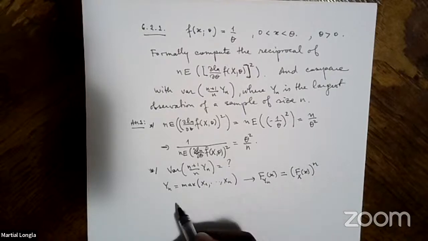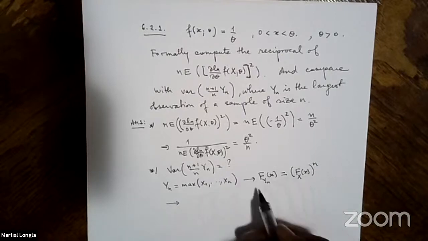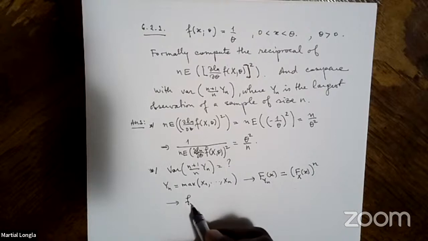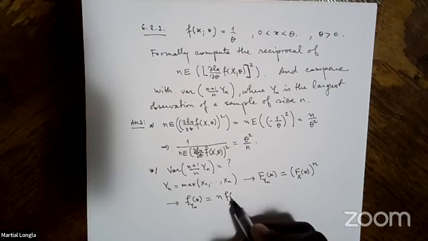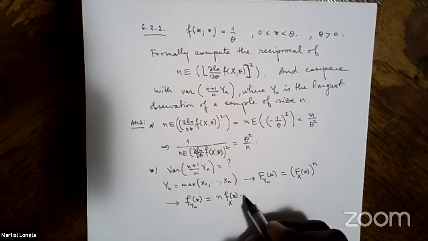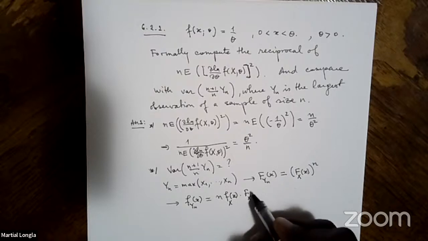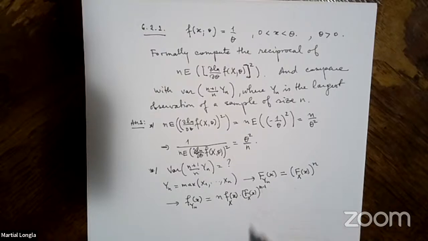And so here, that implies that the density, little f yn of x, is n times little fx of x times Fx of little x raised to the power n minus 1.